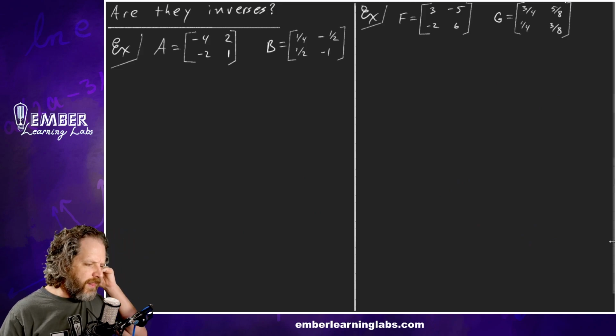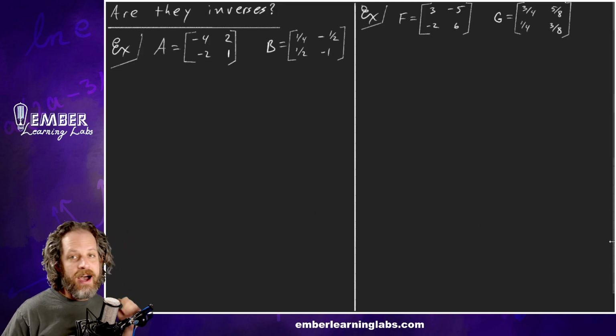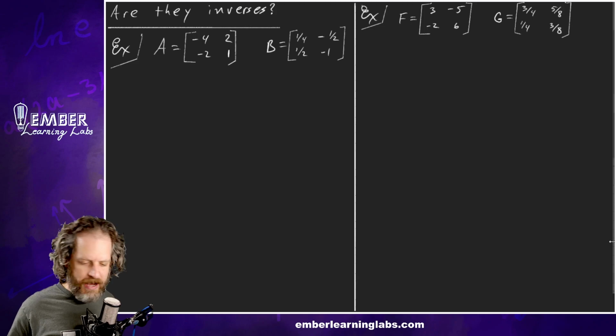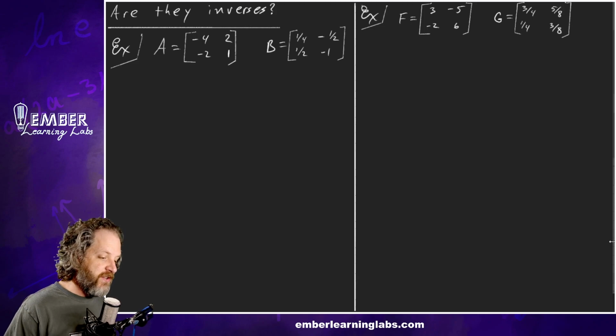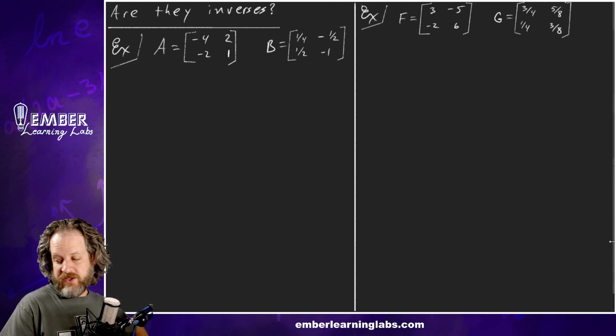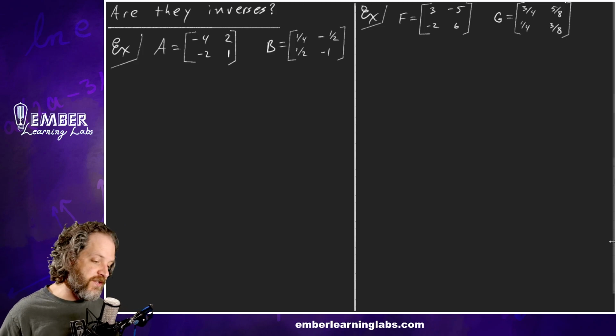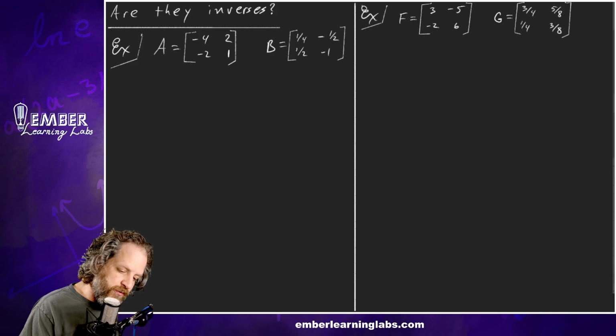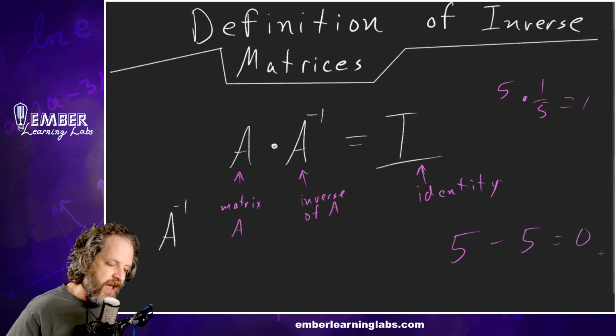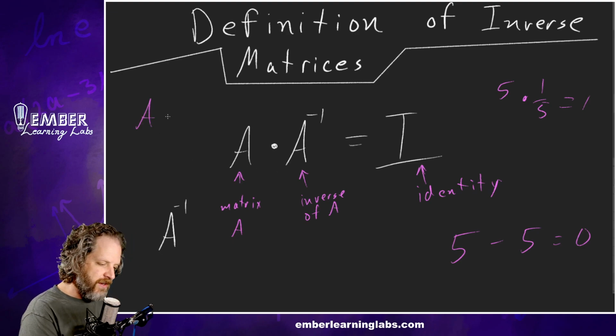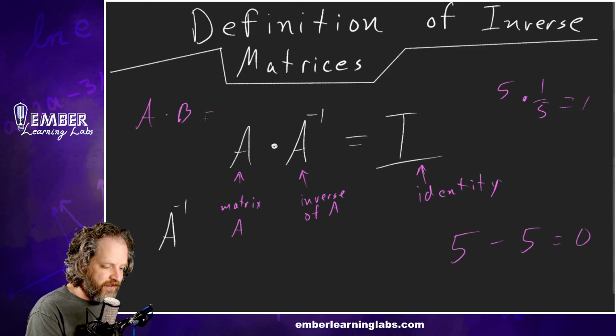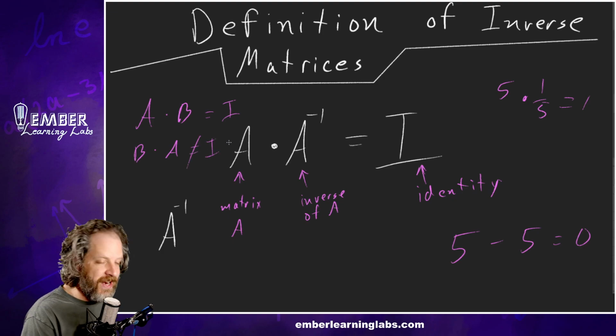And so inverses and identities are completely linked in concept. So let's start out by doing some examples and testing to see if some matrices are inverses. If they are in fact inverses, it has to work both ways, and we'll see this in a second. If A times B is the identity, but B times A is not the identity, then these are not inverses.